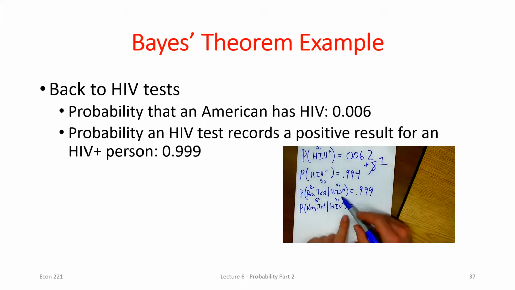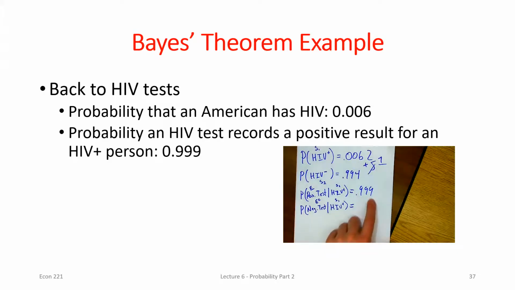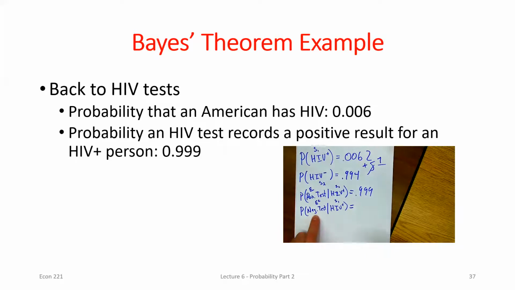Well, remember, when we condition on the same thing, it's like I kicked everybody out of the room that was HIV negative. I only am left with people who are HIV positive, and I tell you the probability of those people that they get a positive test result, 0.999. So the probability they saw a negative test result would just be, right? We're conditioning on the same state of nature. These two things should add up to 1. Okay?